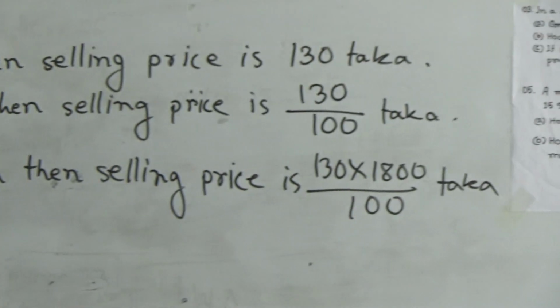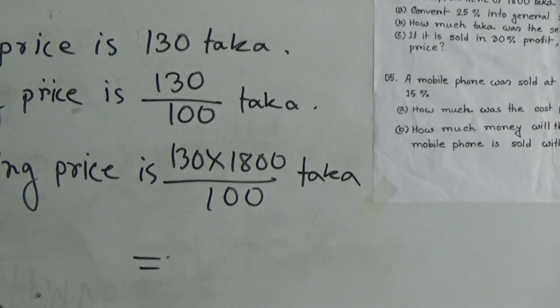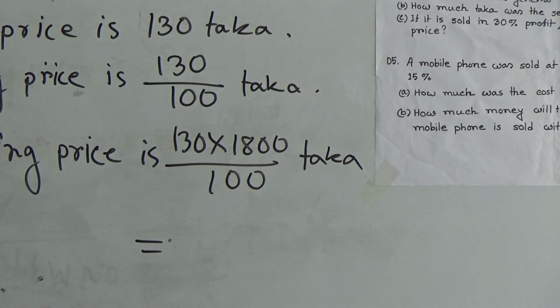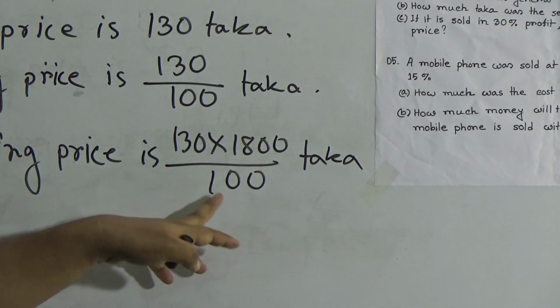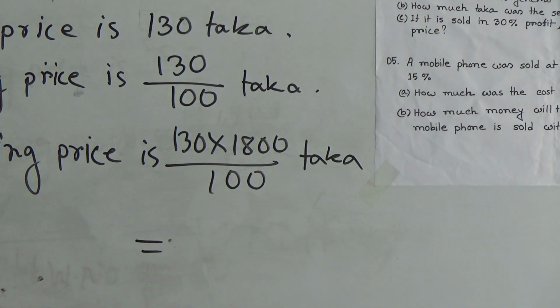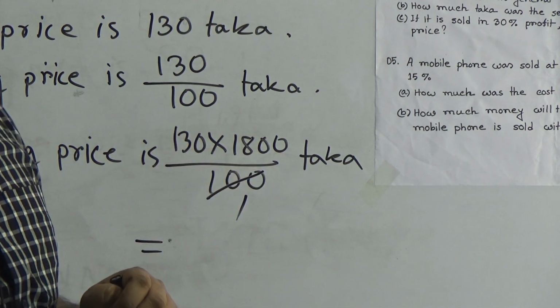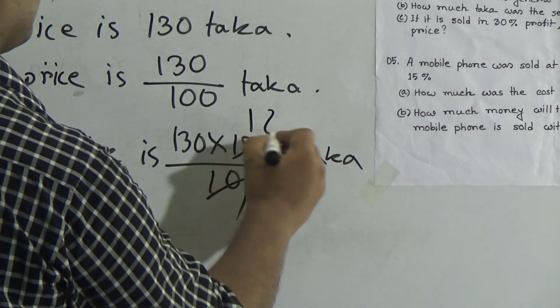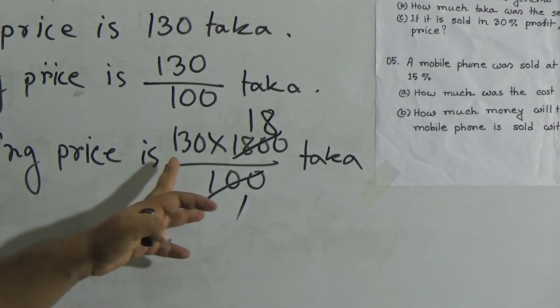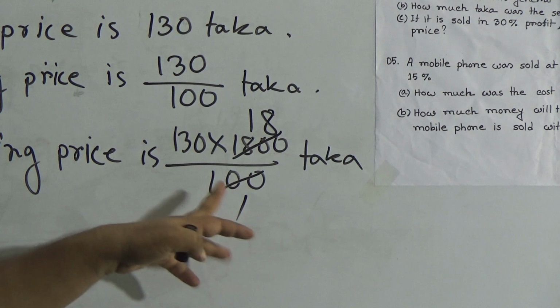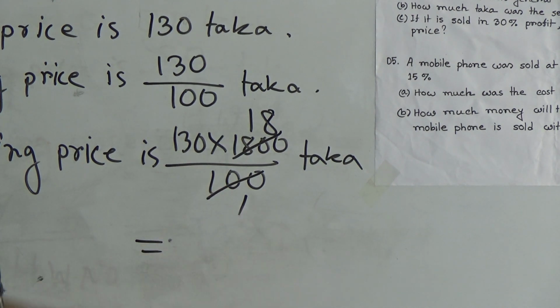Now my dear students, we cut this 1800 by 100 and after multiplying we get the answer. Notice we divide 100 by 100 and we get 1. We divide 1800 by 100, we get 18. Okay. Now notice here 130 multiplied by 18 divided by 1. 1 is the denominator, which is negligible, because we know that every number has a denominator which is 1.